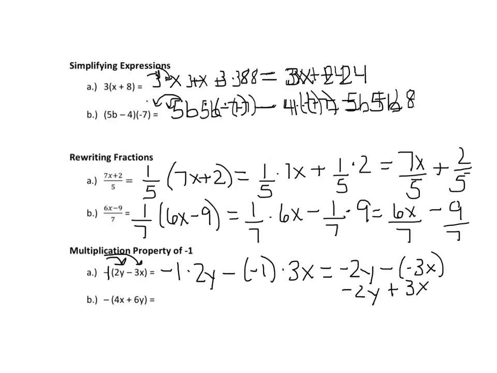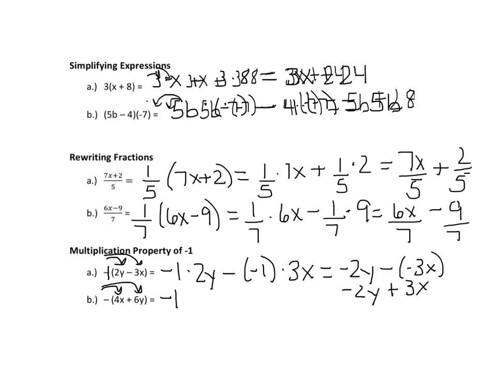Example B, I'm going to do the same thing without writing in the -1, but it is still a -1 that is invisible. So we're just distributing this negative. Another way to look at it is we're changing the signs of everything inside the parentheses to the opposite sign.